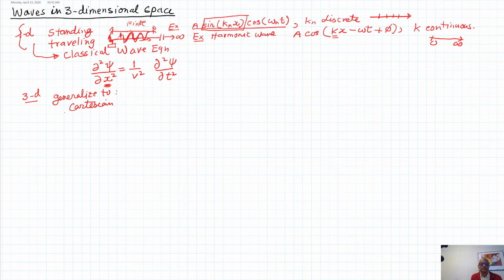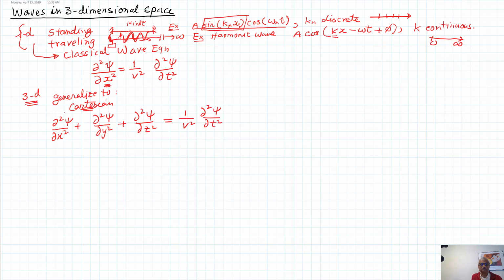So if I have more than one dimension, we can use different types of axes, different coordinate systems, and in Cartesian it will look like d squared psi dx squared plus d squared psi dy squared plus d squared psi dz squared equals 1 over v squared d squared psi dt squared.